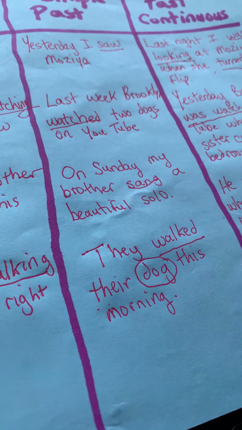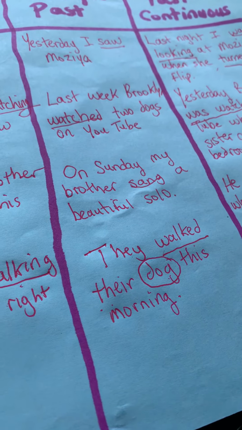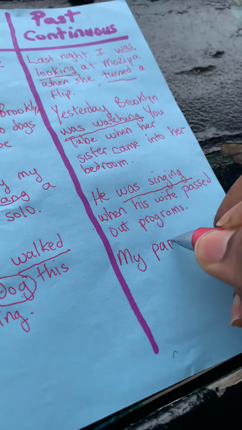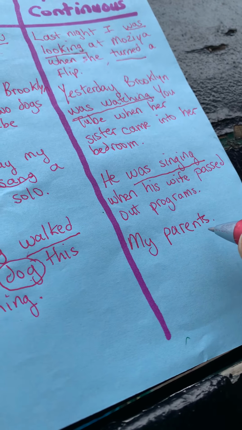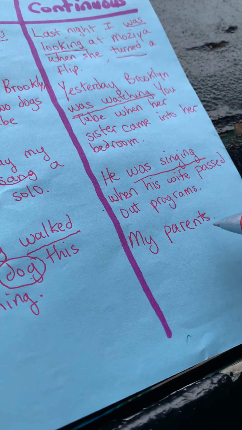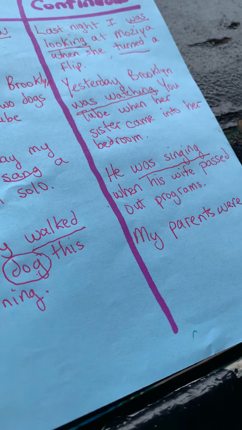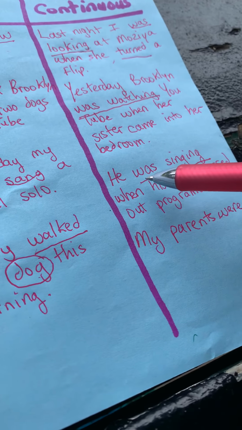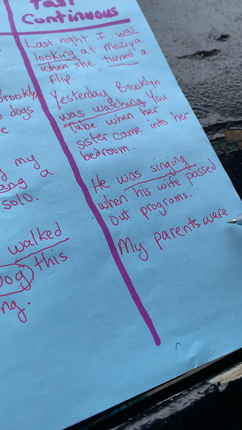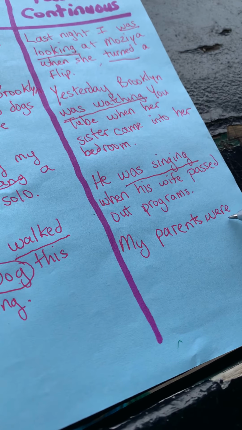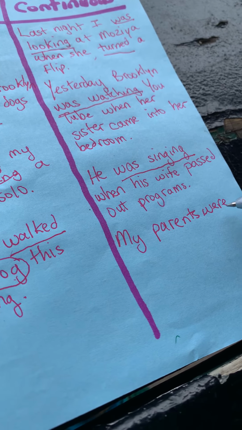Okay, our past continuous. I can say my parents. Now, parents is another word for mother and father. My parents were. Oh, why am I using were when before I'm using was? The reason I'm using were is because the subject needs to match. The past tense for are is were.